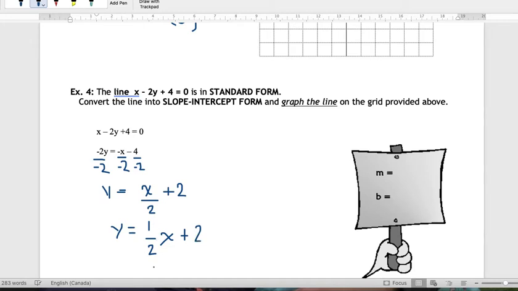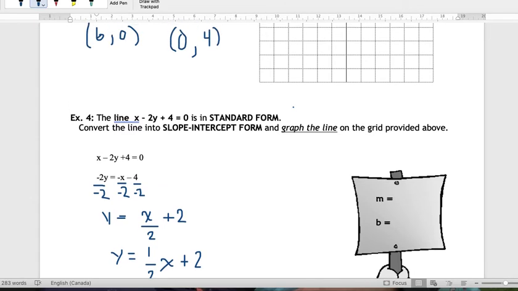So we've got a fraction as our slope in this question. And remember, slope is always equal to rise over run. There's a couple ways that you can do this. You can solve for the intercepts, or you know that in slope-intercept form, you have what you need in order to graph this.